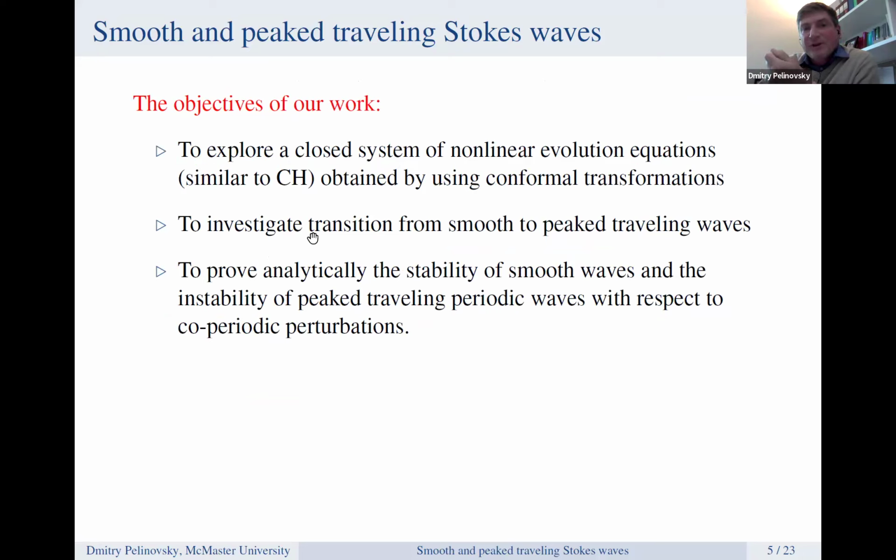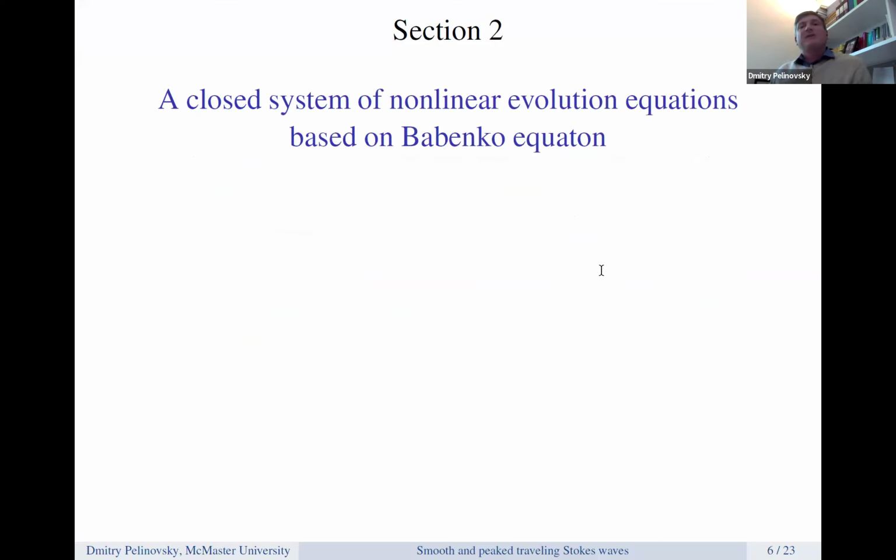We will be particularly interested to understand the transition from smooth to singular traveling wave solutions, periodic wave solutions, and also to understand analytically the stability of the periodic waves. The system of equations we have been exploring is a generalization of what is called the Babenko equation.